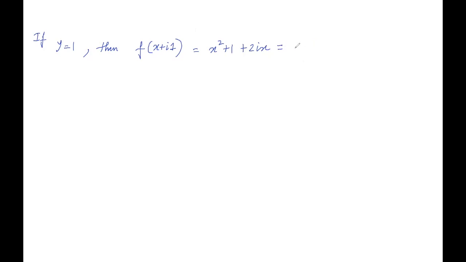Now I can write this as (2x) whole square by 4 plus 1 plus i 2x. Why did I write it in that way? Because I have 2x in the imaginary portion, so I tried to relate the real portion and the imaginary portion. So now I can see that if I take y equal to 2x, then my real part x is nothing but y square by 4 plus 1, which is a parabola, right?